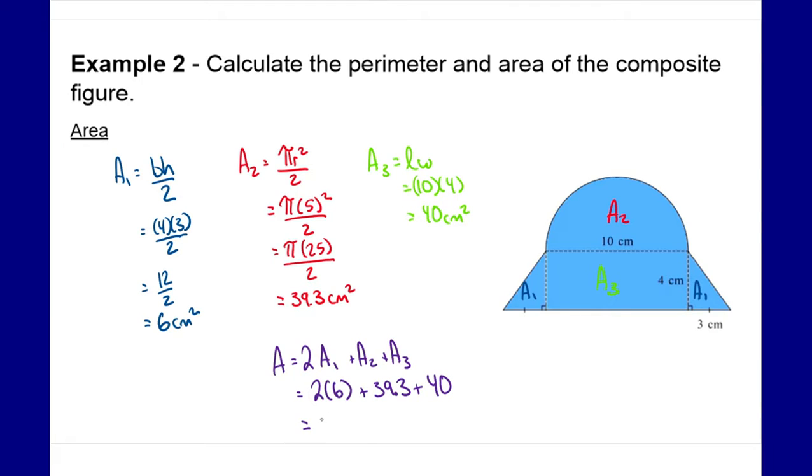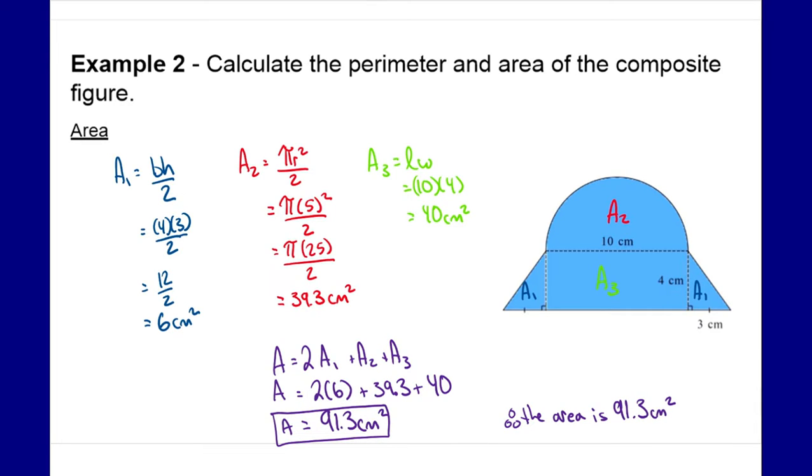We add all of that up and we get 91.3 centimeters squared. So that is our total area of this composite figure. So therefore, the area is 91.3 centimeters squared.